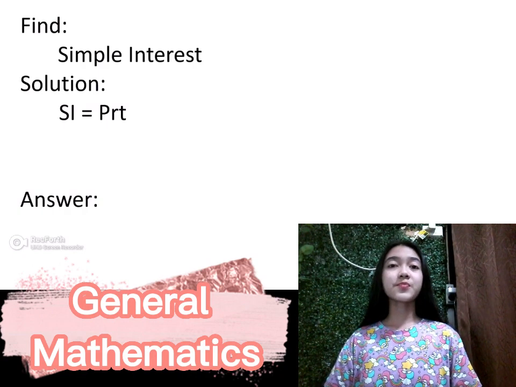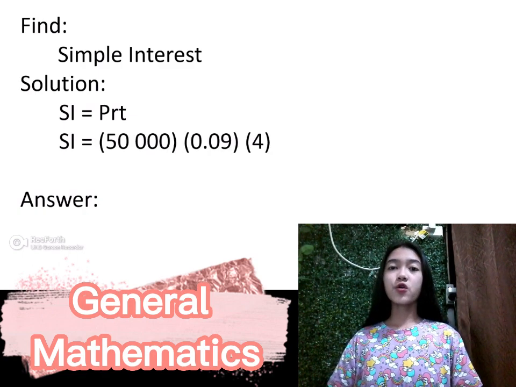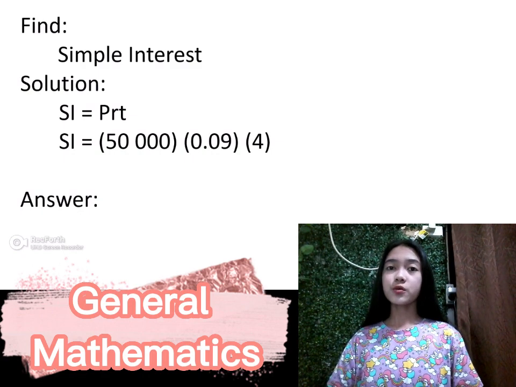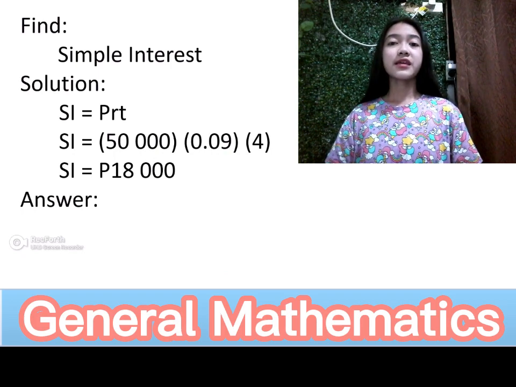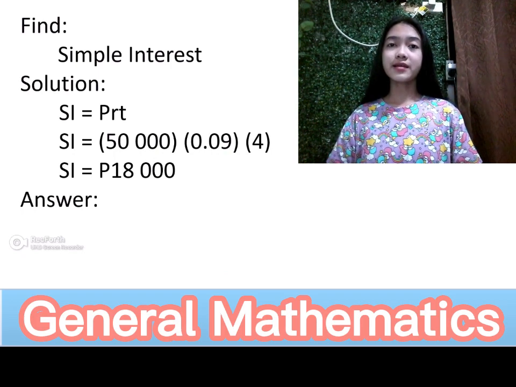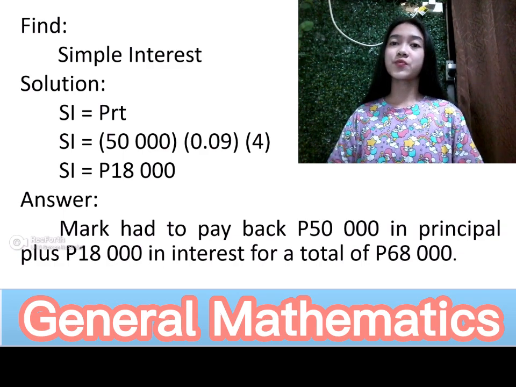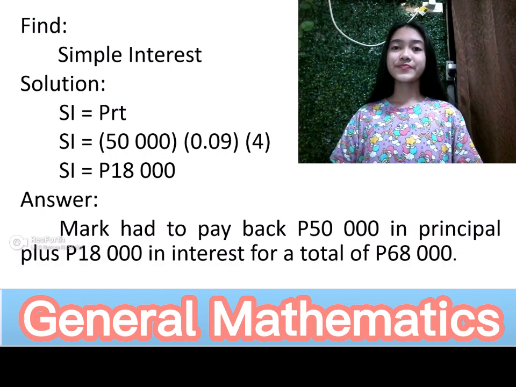That would be simple interest = 50,000 pesos times 0.09 times 4, which will be equal to 18,000 pesos. So, the answer to problem number 1 is: Mark had to pay back 50,000 pesos in principal plus 18,000 pesos in interest for a total of 68,000 pesos.